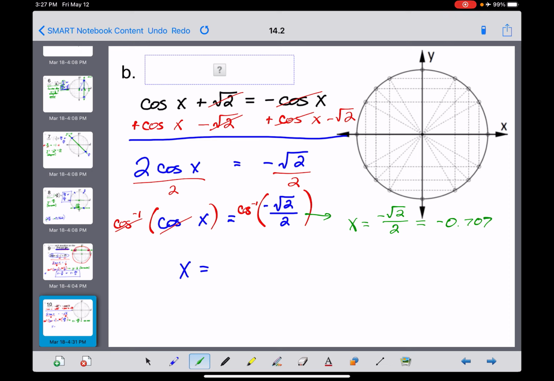Negative 0.707. Now, since it's x equals, this right here is a vertical line, one that's running this way, and its x-intercept is negative 0.707. All right, guys, where does that go? Right here, we're at x equals 0. All the way over here is x equals negative 1. Right in between them is x equals negative 1/2.